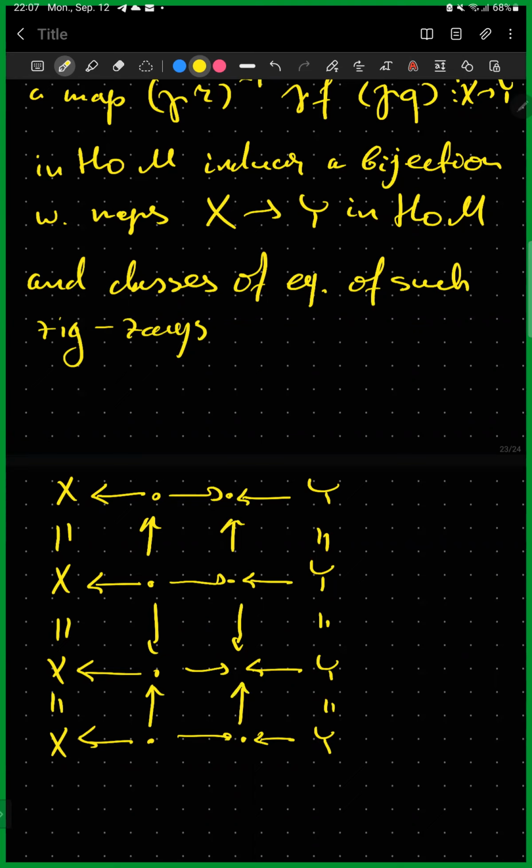So here all maps on the sides are equivalences, hence all vertical maps are also equivalences. And we say that two zigzags are equivalent if they are the top and the bottom of this diagram.